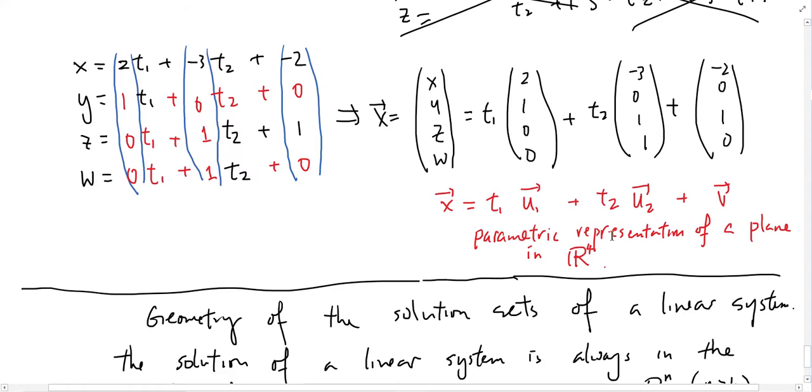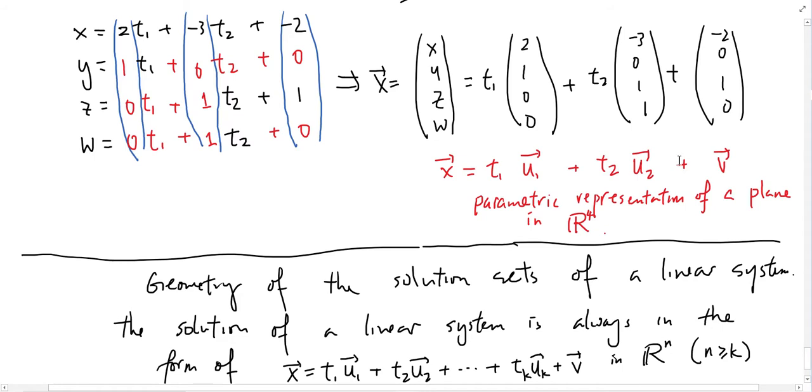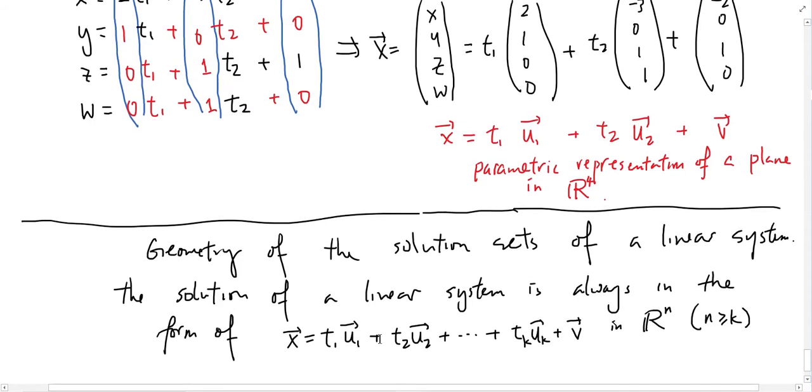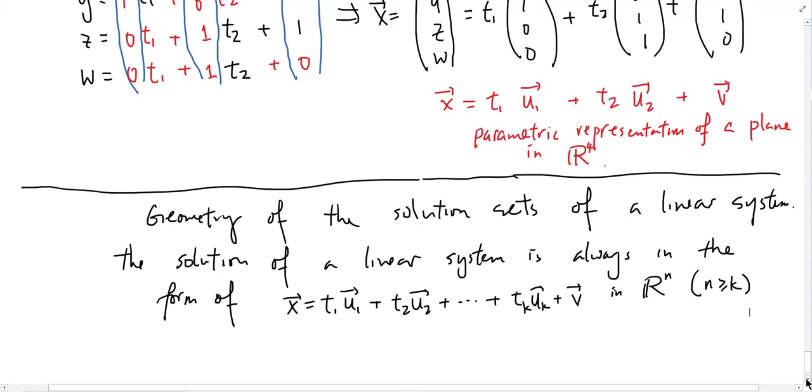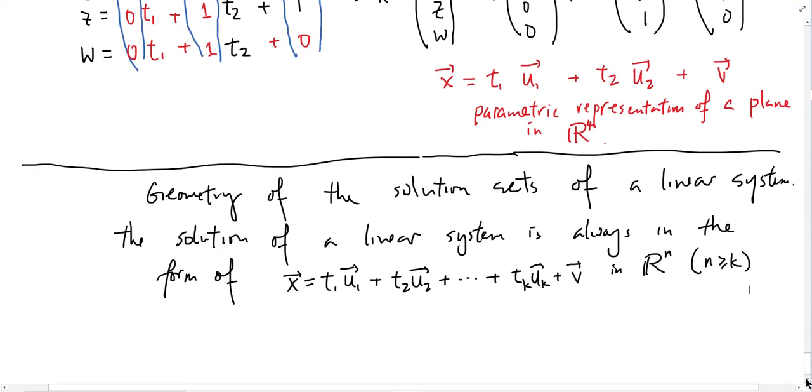In this expression, we'll say k equals 2 because we have two terms. So k defines the number of direction vectors that you have, and then V is the position vector, technically speaking. We do expect the number of direction vectors for this solution set to be at most equal to n. Very likely it would just be less than, as a matter of fact.